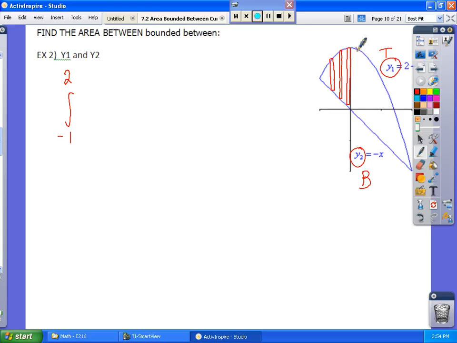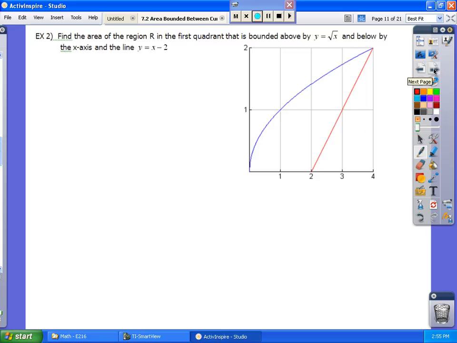They go up and down. The reason why I only have one integral is because the top and bottom functions never change. The top function is always y1, the bottom function is always y2, and so this would be the integral of y1 minus y2 dx.